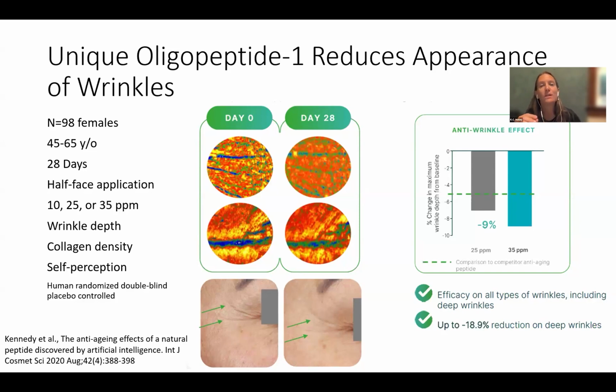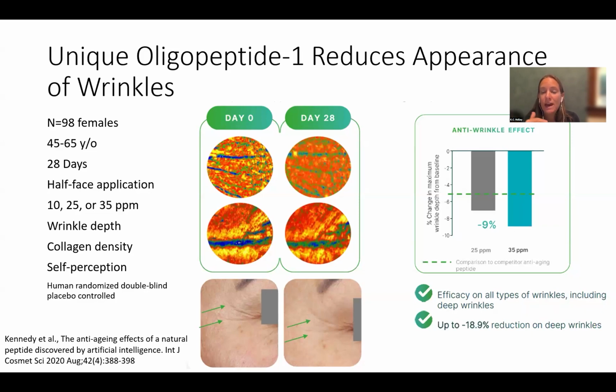So oligopeptide 1 could also reduce the appearance of wrinkles. This is a clinical study on 98 females, age 45 to 65. It lasted for just 4 weeks. And they applied the product with this oligopeptide 1 to half their face, and they looked at wrinkle depth, collagen density, and self-perception.